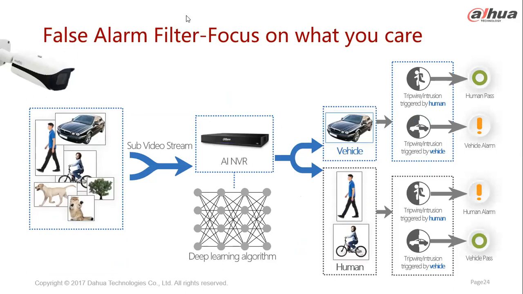There's a feature we talked about in our previous training, target filtering, where you can filter based on humans and vehicles. With the AI NVR, you can do filtering on such information with a large data set. It's just like SMD for NVR.